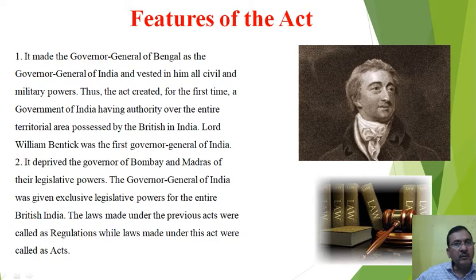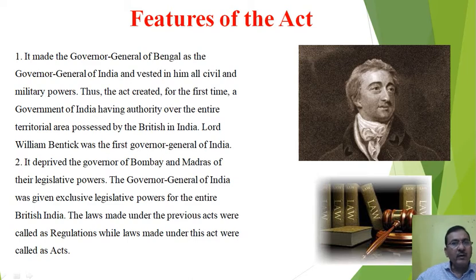I hope the concept is very clear to you. And for the first time, the provinces, especially the territorial areas which were possessed by the British East India Company, came under the direct control of the British government. And Lord William Bentinck was made the first Governor General of India.